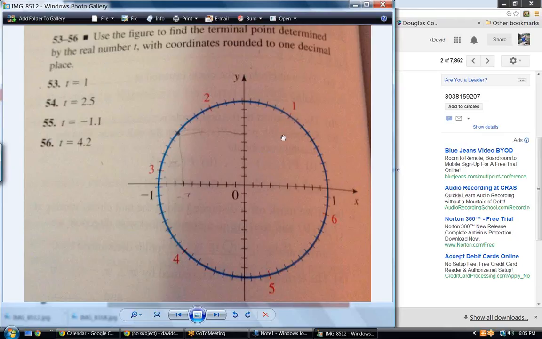Okay, notice what they've done here. How big is this circle? What's the circumference of this circle? 2 pi. Exactly, because it's 6 point something. It's 6.28. So they've split this circle up into 2 pi. So what does this 1 mean?